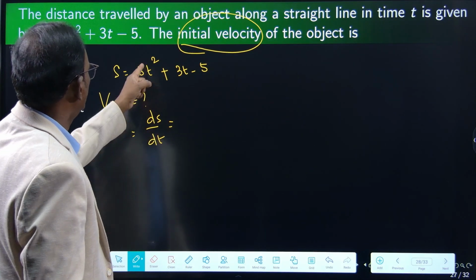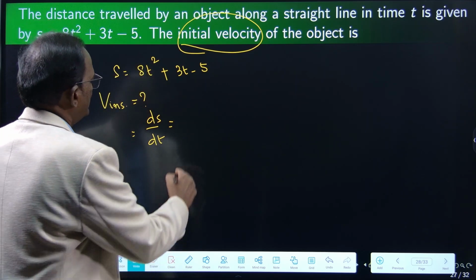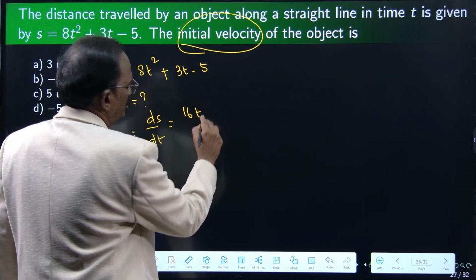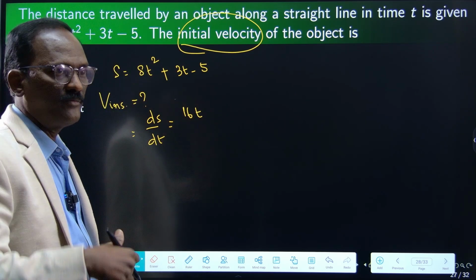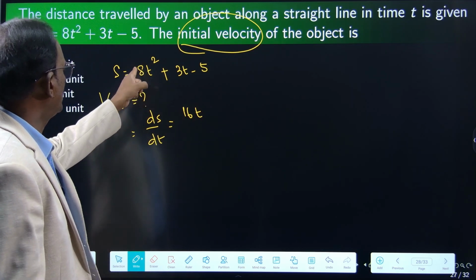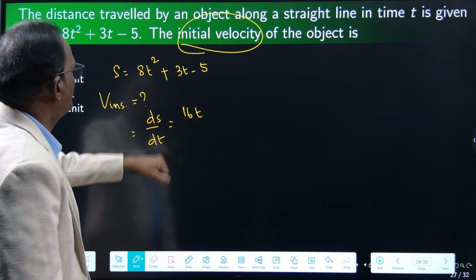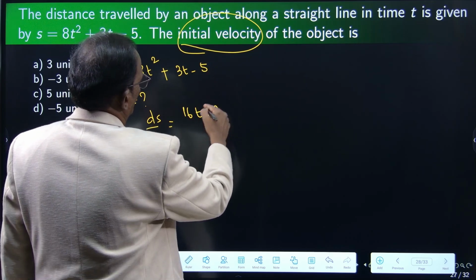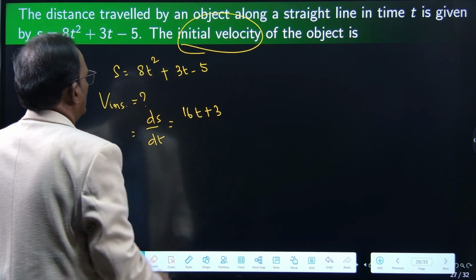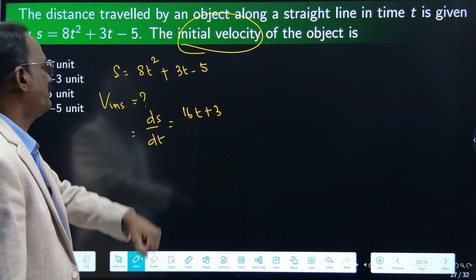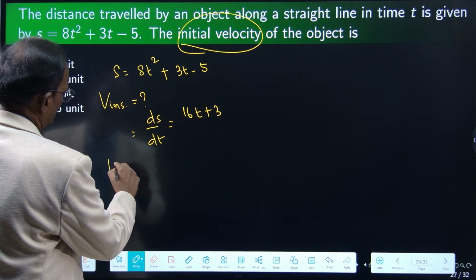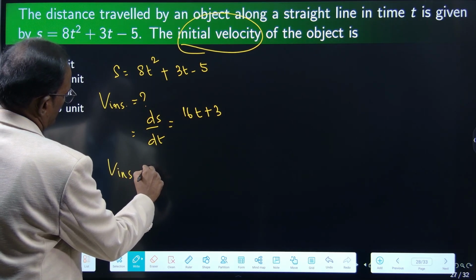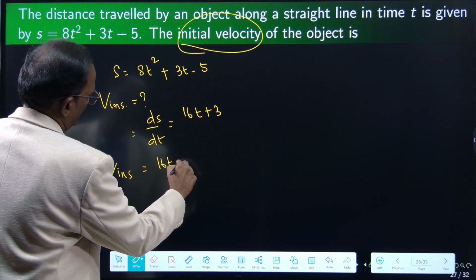So differentiate it. 8t square, 2 into 8, 16t. So you need to remember the differentiation formulas. 2 into 8, 16t plus 3. 3t differentiate, 3. So constant, it is 0. So the differentiation is 16t plus 3. So v instant is equal to 16t plus 3.